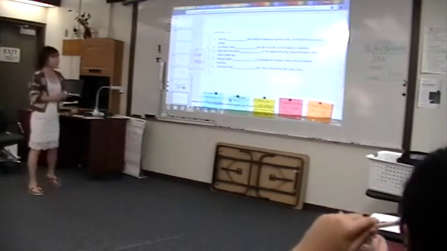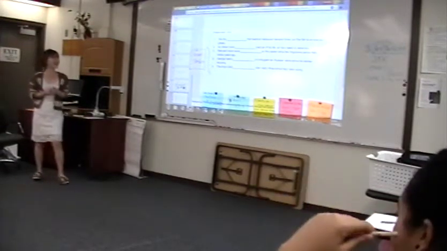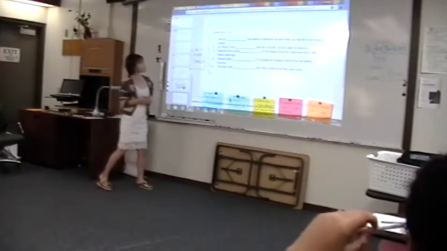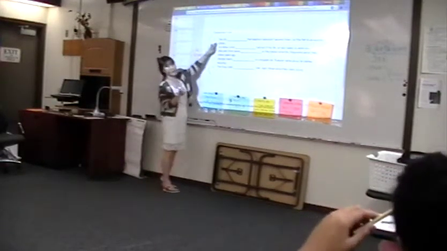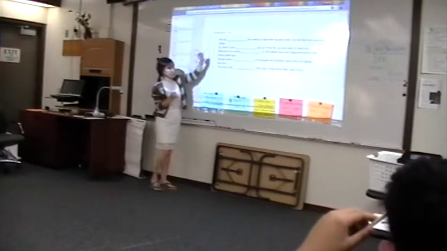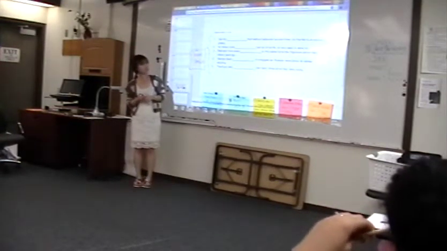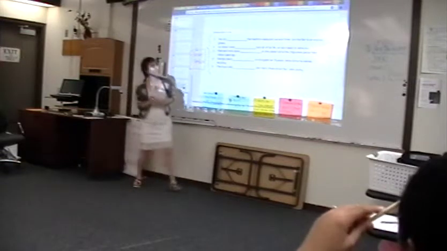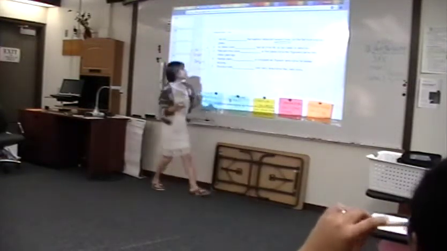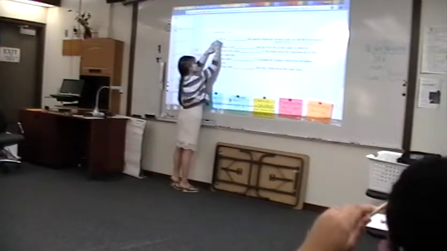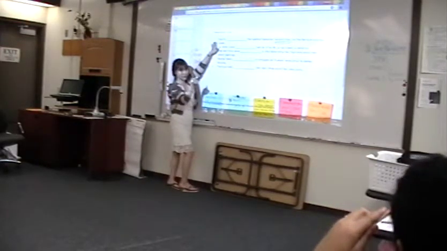Okay. Now, time's up, and let's check the answers together. Number 1, what was the time expression? Several times. Good job. Several times was the time expression. And then the subject we is plural. Right.